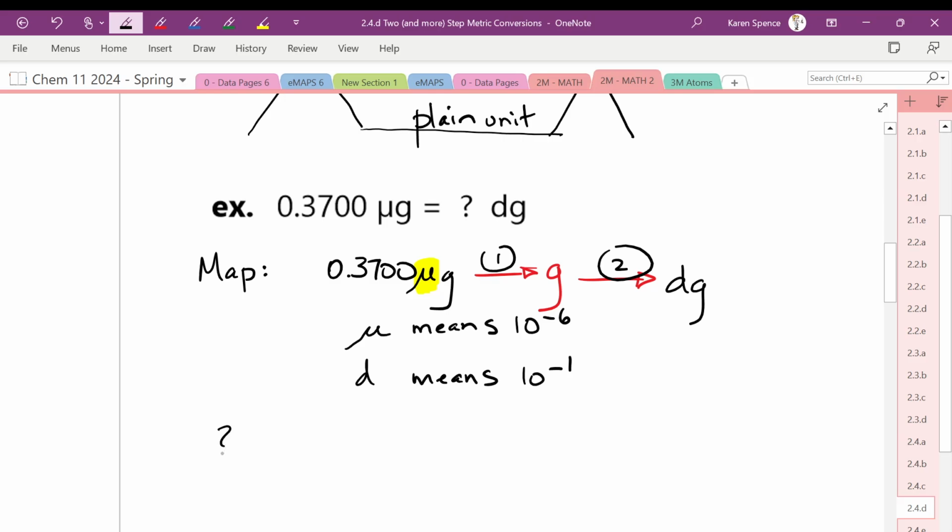So how many decigrams? We're going to start with 0.3700 micrograms. We have 2 steps, so we're going to draw 1 line, and then we're going to write times and draw a second line, okay?